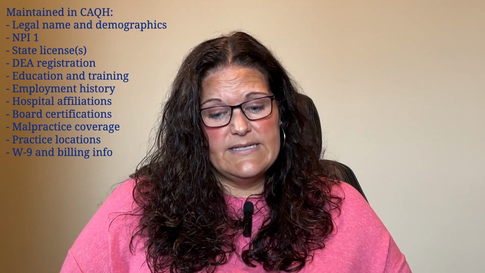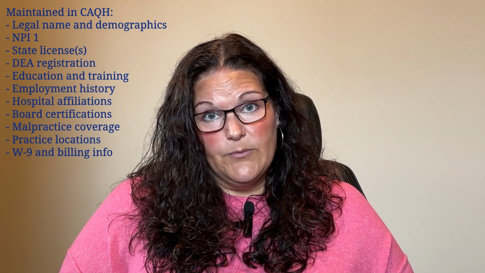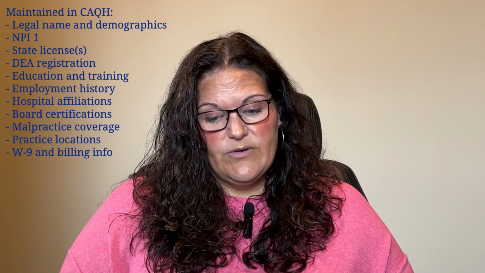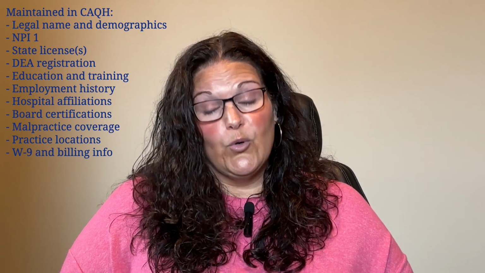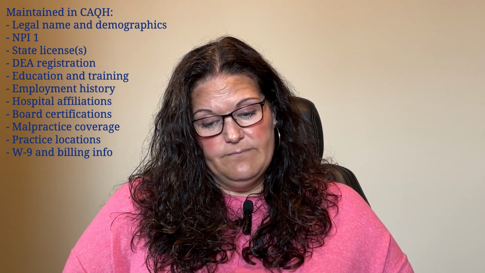The most common information maintained in CAQH is legal name and demographics, the Type 1 NPI or NPI 1, state licenses, DEA registration, CDS registrations if applicable, education and training history, employment history, hospital affiliations, board certifications, practice locations, W-9 and billing entity information.